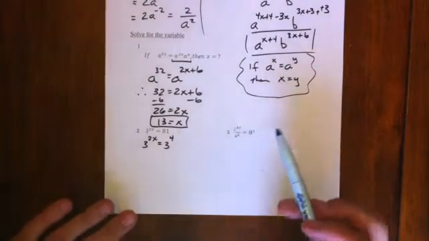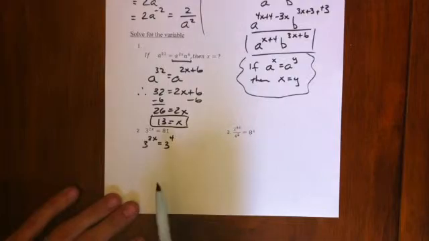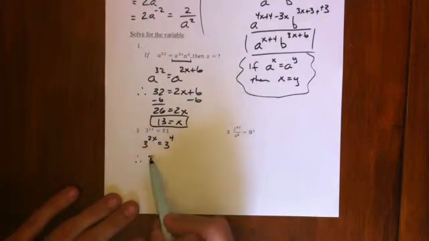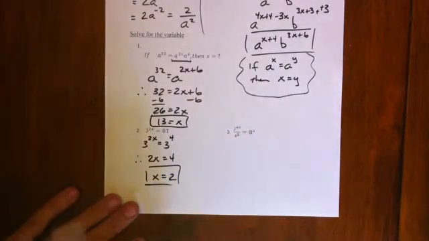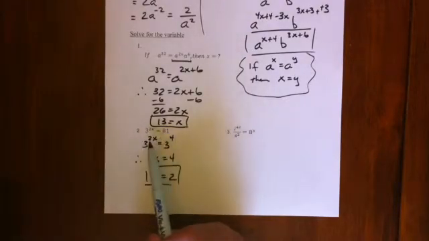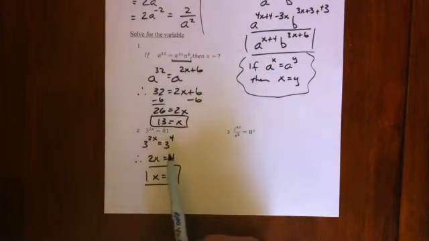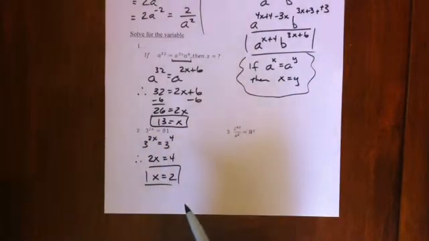With that rule, a to the x equals a to the y, therefore 2x equals 4, so x has to equal 2. That's a pretty common strategy: rewrite both sides so they have the exact same base, and then simply use this little idea to solve.